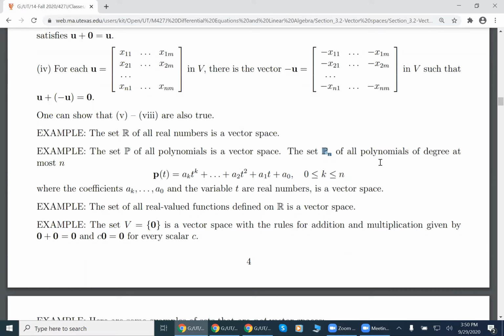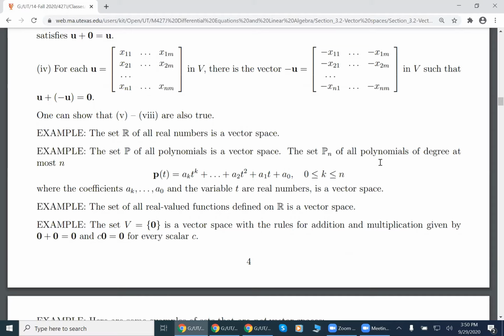Here's why. Think about the set of all polynomials of degree, say, 2. The set of all polynomials of degree 2 is not a vector space. One of the reasons, there is no 0, because 0 is a polynomial of degree 0.